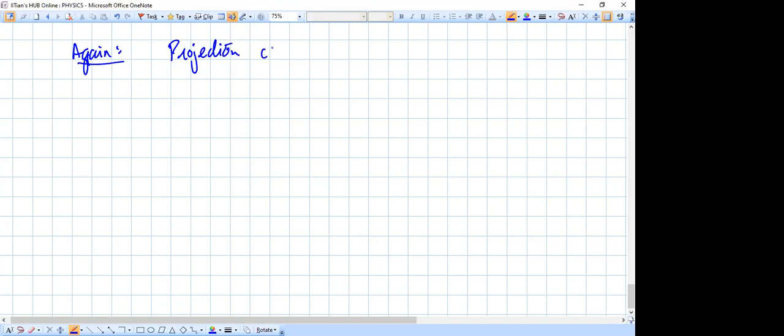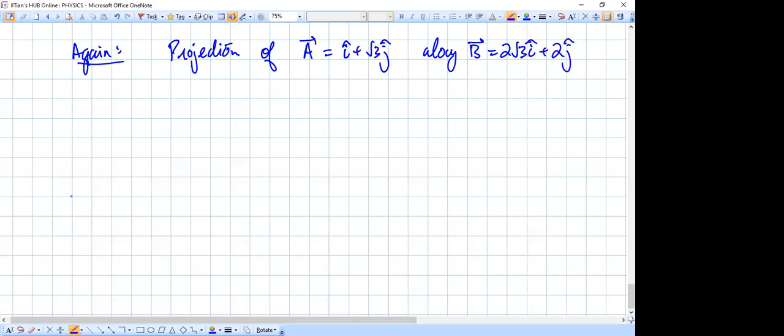Projection of the vector A, which was I cap plus root 3 j cap, along the vector B, which was 2 root 3 I cap plus 2 j cap. So this was the vector A, suppose. This was the vector B, suppose.